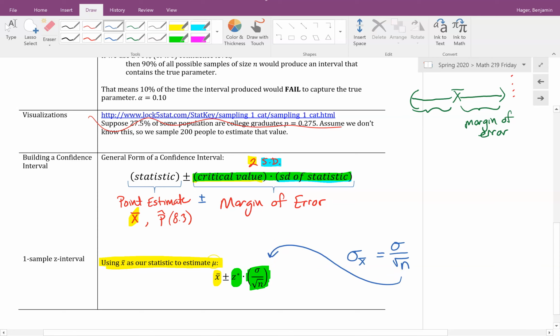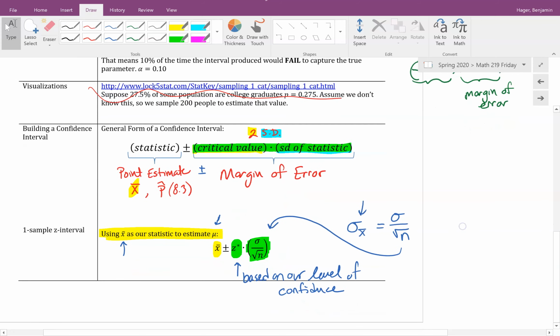So if you're investigating the population mean, you're using the sample mean and the standard deviation of your sample means. Okay? And again, this guy is based on our confidence. So we'll take a look at how to find that on the next page.